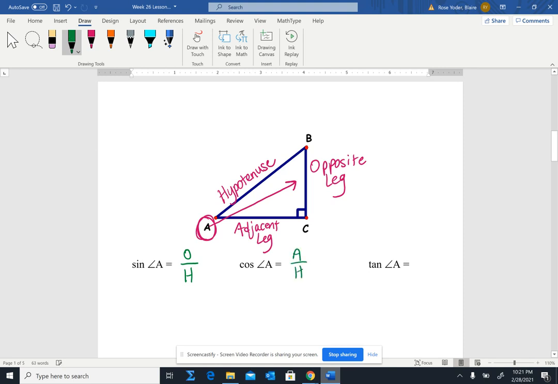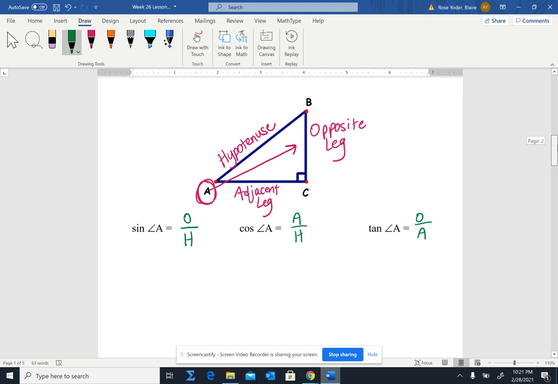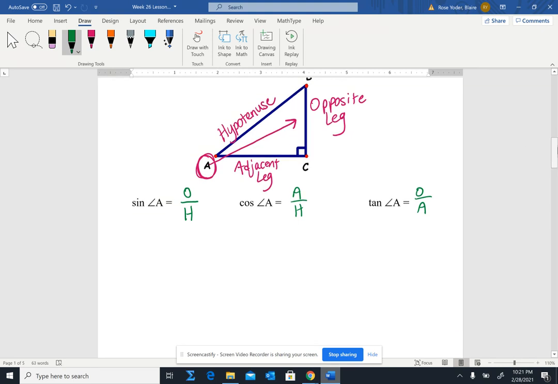A over H. And tangent means opposite leg over adjacent leg, O over A. It's actually the sine over the cosine as well. The H's would cancel out and you'd be left with O over A. These are just vocabulary words that you have to memorize.